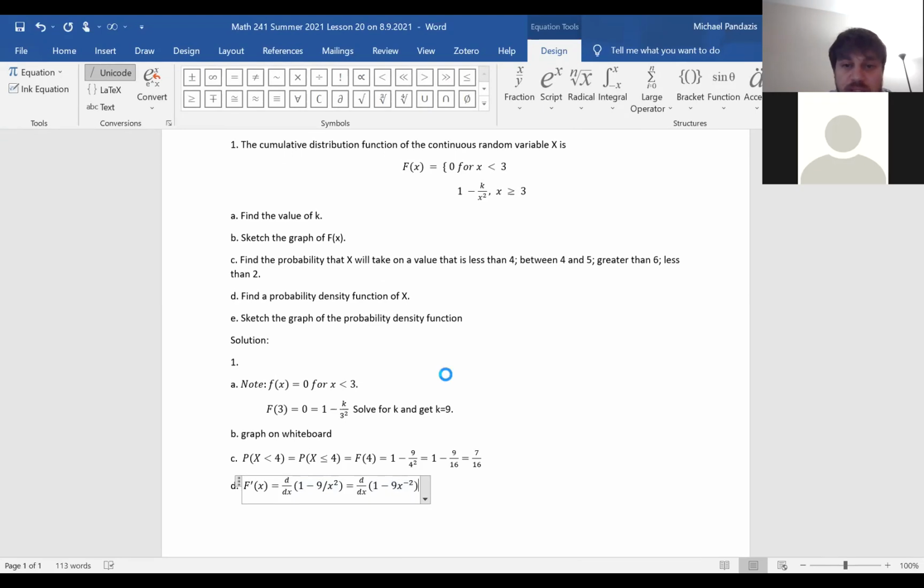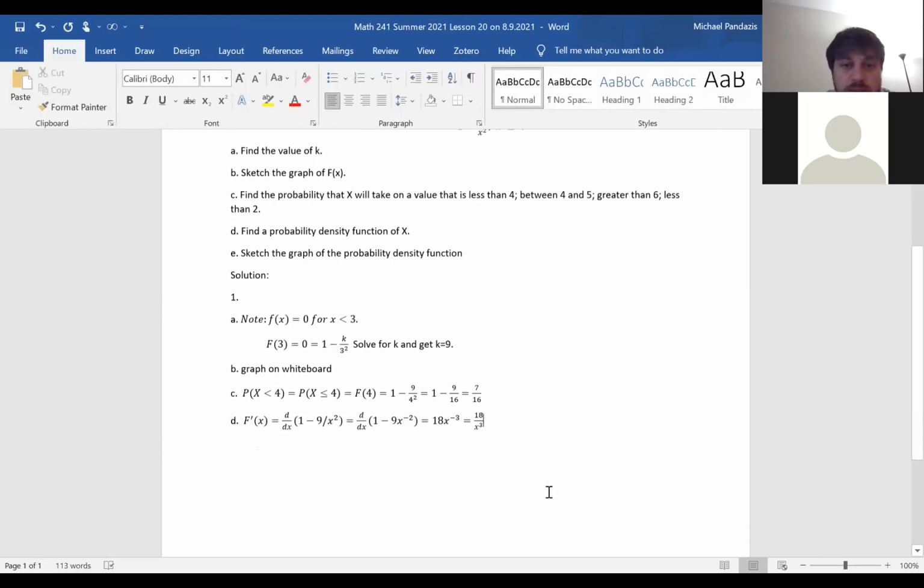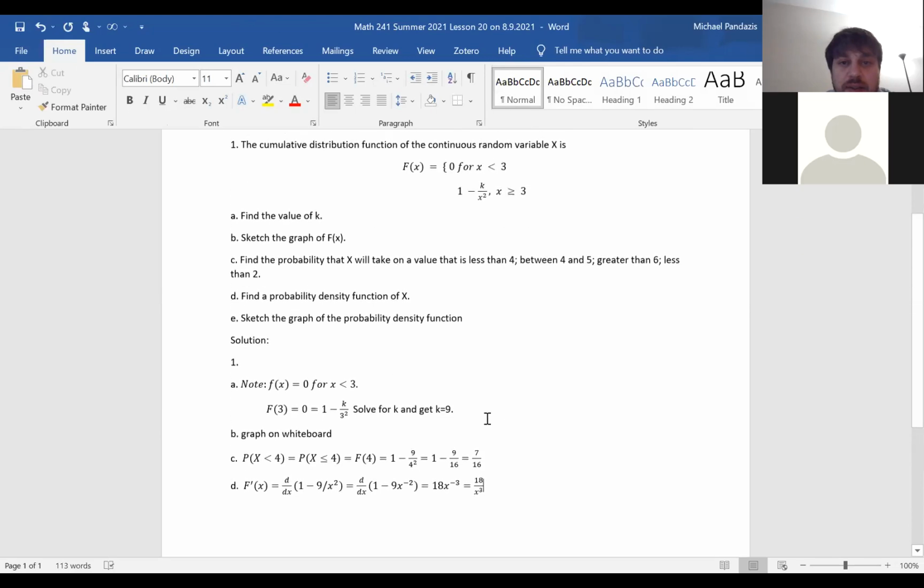And so that's equal to 18x to the negative 3, which is the same as 18 divided by x cubed. Okay, and so that's for x greater or equal to 3.